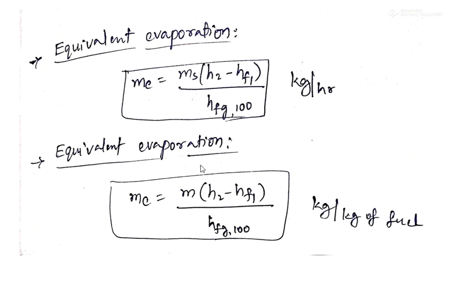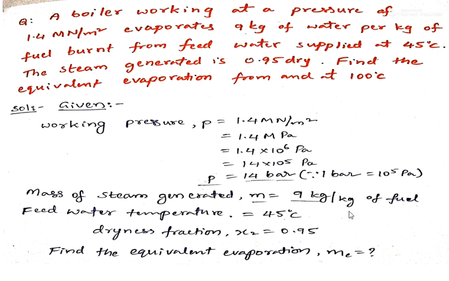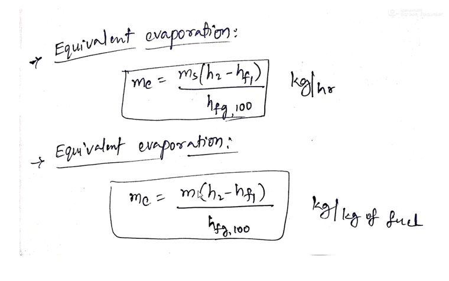Both are the same, but the notations ms and m are slightly changed. Our problem gives the mass per kg of fuel, so we use the second formula to calculate equivalent evaporation.